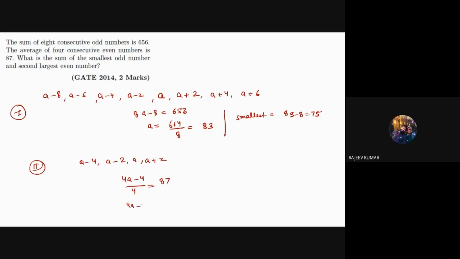So a equals 88. Now what we have to find is the second largest even number, and the second largest even number is 88 only. So you have to find 75 plus 88.